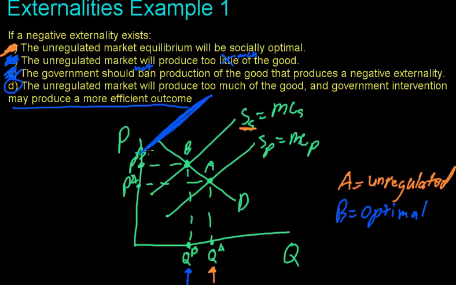And if we taxed it all the way up to here, that would be a less efficient outcome than if we just let it go right here, because we'd be taxing it too much. So in theory, we can make a market more efficient through regulation, but it has to be the right regulation. And that's the point that I wanted to drive home here.